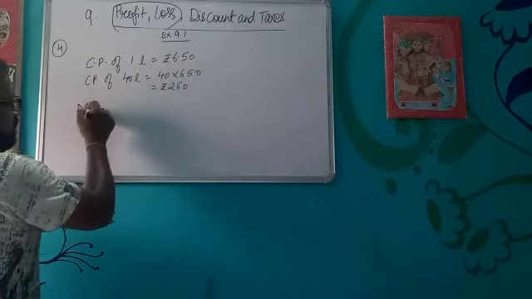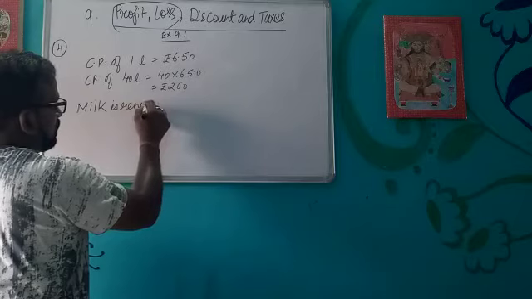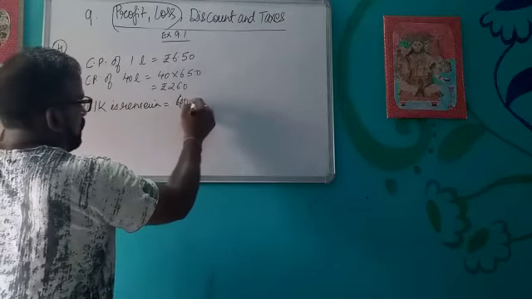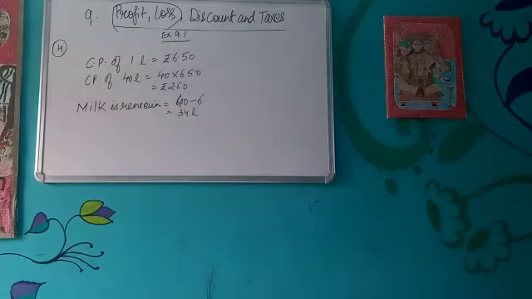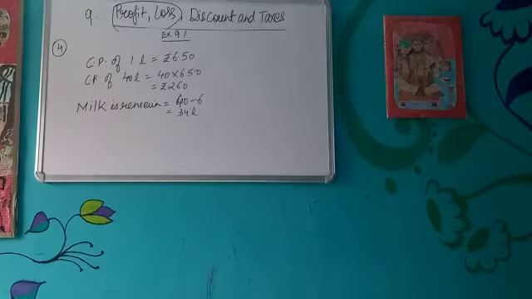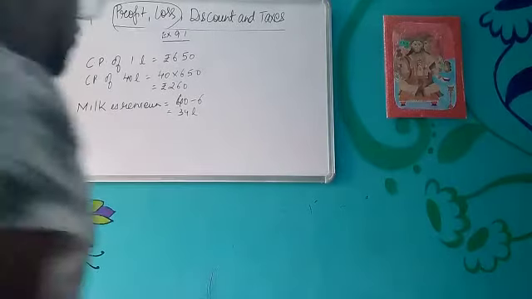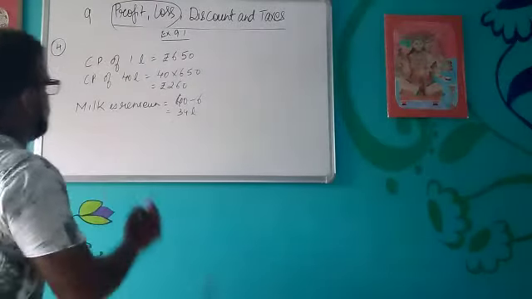That means how much milk is remaining? Forty was there and 6 is lost, so 34. Okay, so this much liter of milk is remaining.